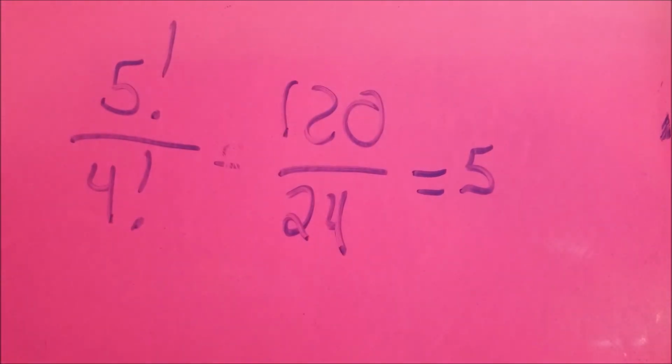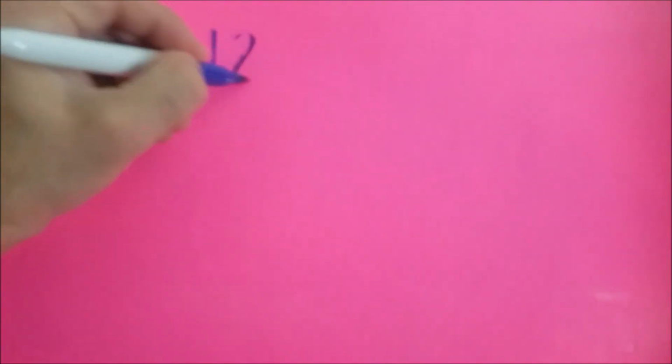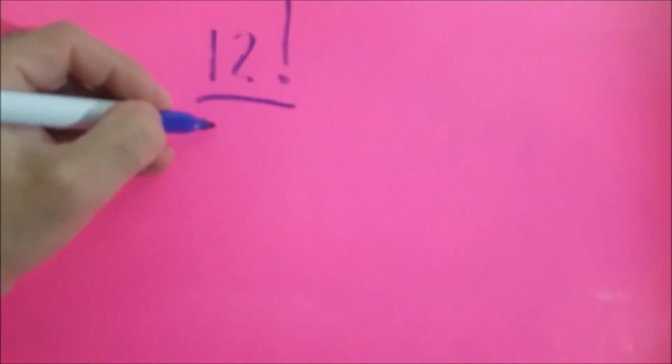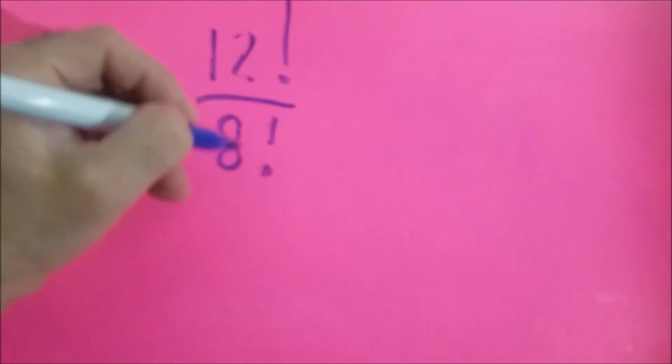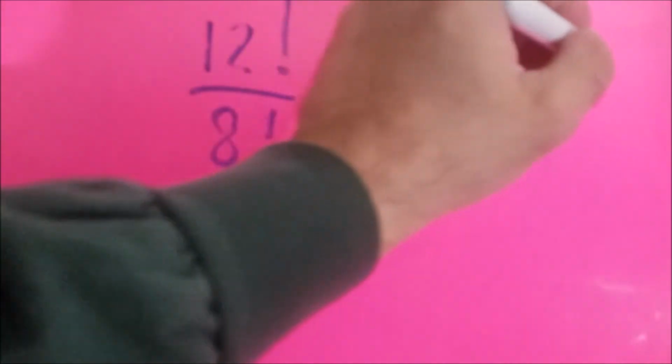Let's do one more. What if I gave you 12 factorial over 8 factorial? So again, instead of multiplying them all, you can just write them out. 12 times 11 times 10 times 9. And I'm going to stop there. I wonder why.